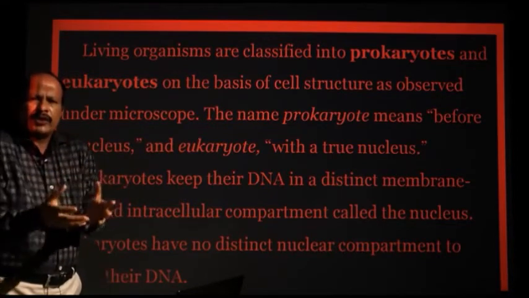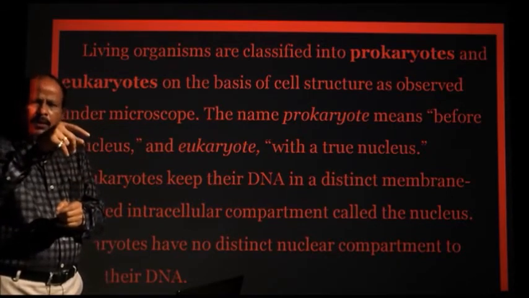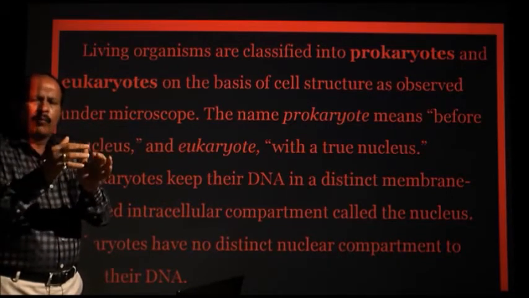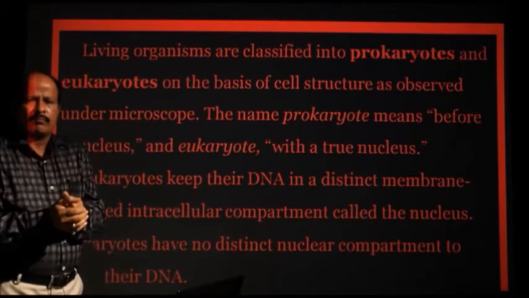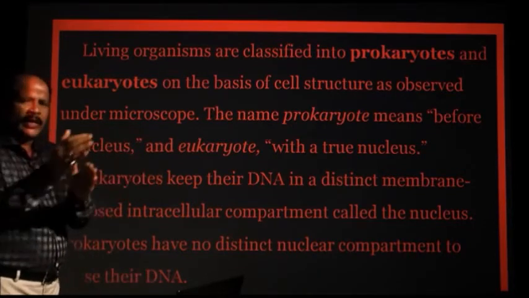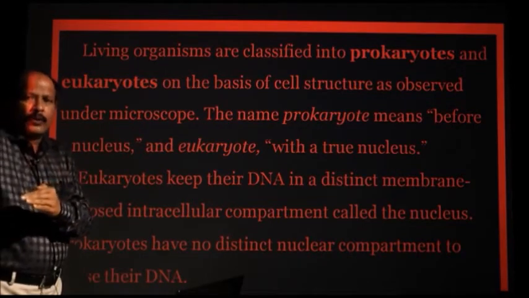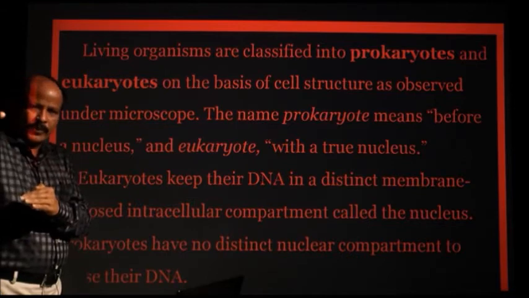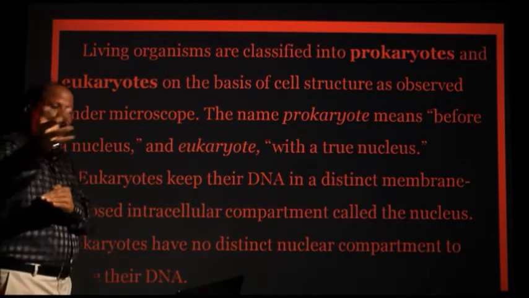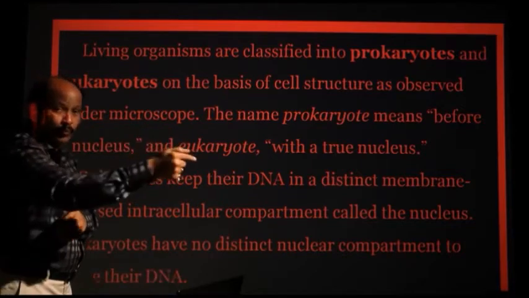Therefore its genetic material, which is a double stranded circular DNA, is floating in the general cytoplasm. So when it is compared with higher versions of the cells called eukaryotic cells, eukaryotes have a definite nucleus, prokaryotes don't have that definite, membrane bound nucleus. That's why the term pro.